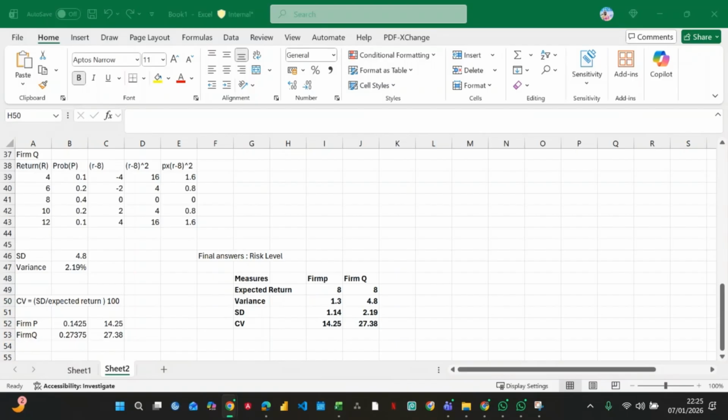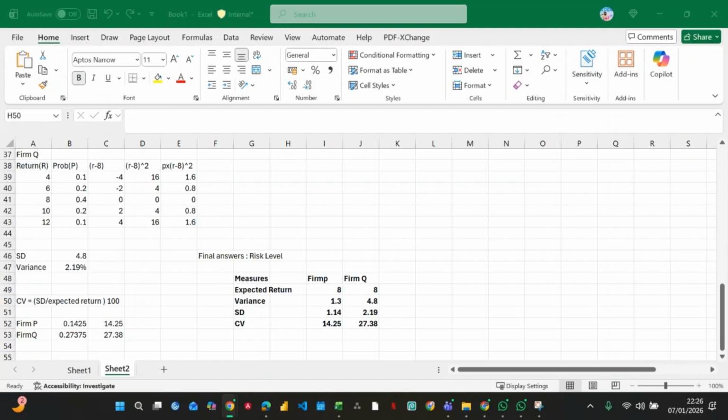So now let's start from each measure. First of all we did the expected return. Let's just use the standard deviation, right?